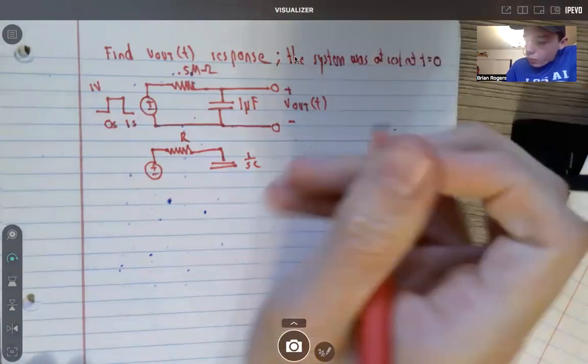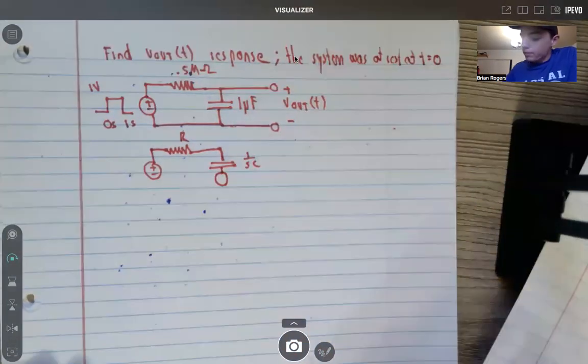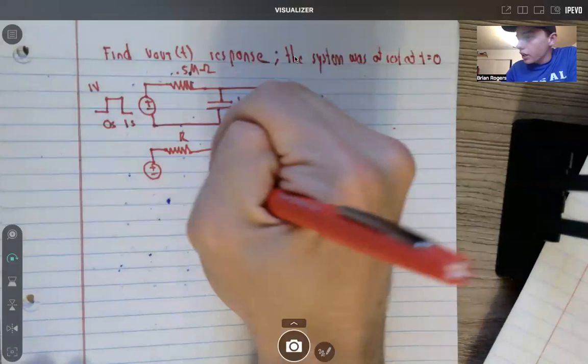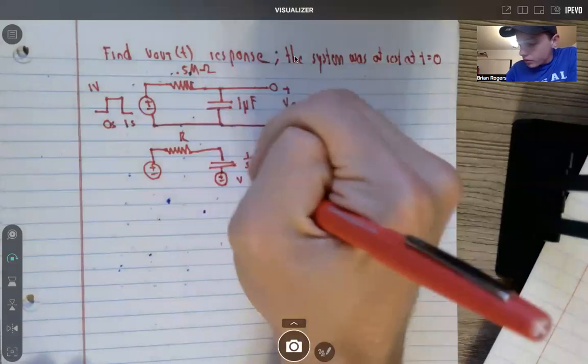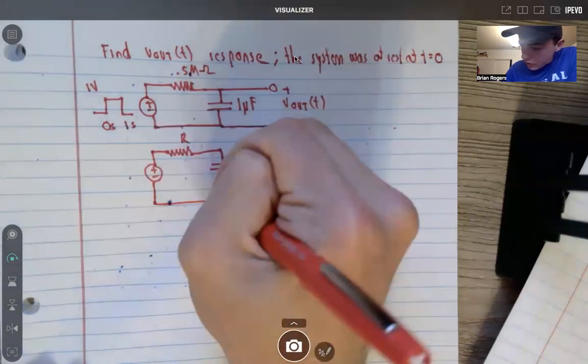And so if you were to draw what it would look like for your initial condition, you'd have your V at time 0 over S, and then you draw the rest of your circuit.